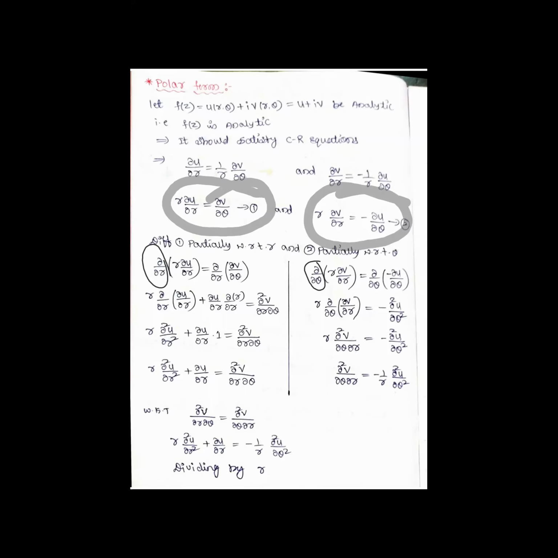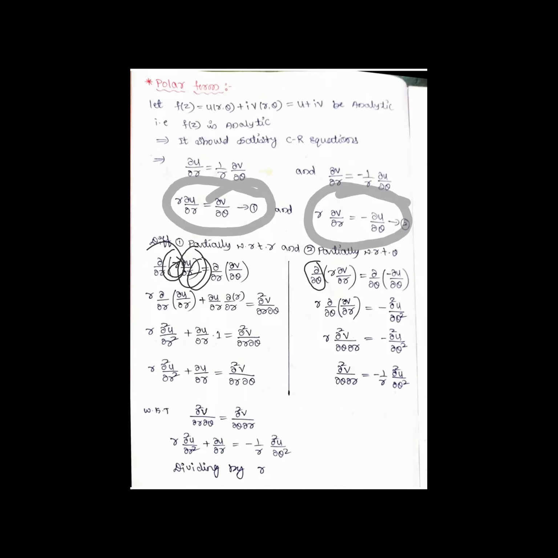But here both the terms contain r. So I use the product rule of differentiation: first function into differentiation of the second, plus second into differentiation of the first. Next is dou square v by dou r dou theta.